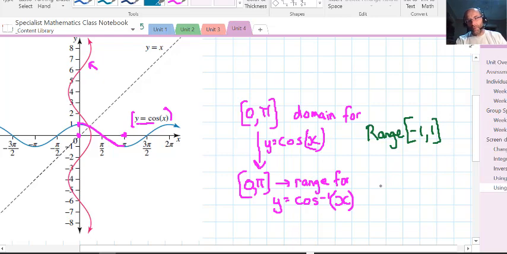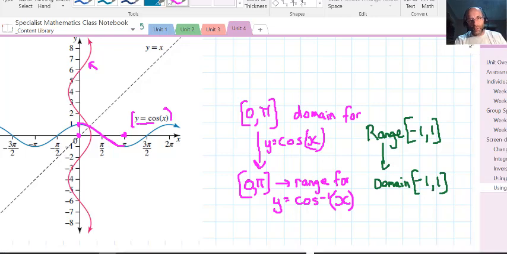So that range is the domain for the inverse function, very much like we've been saying in the last couple of videos. Okay, so that domain -1 to 1.